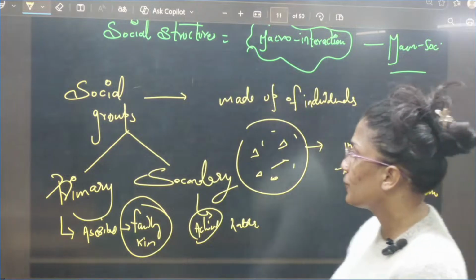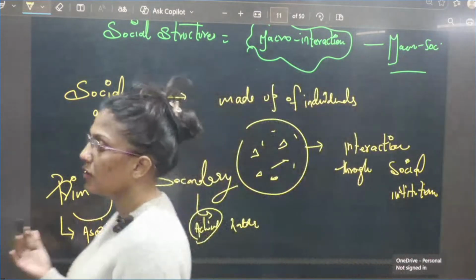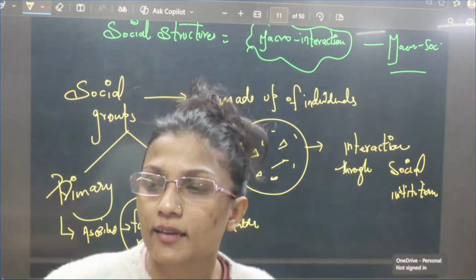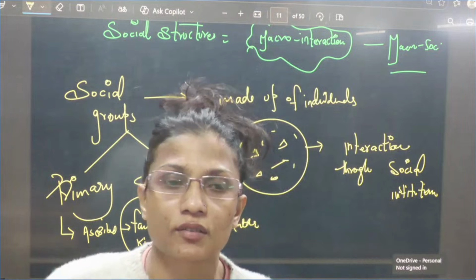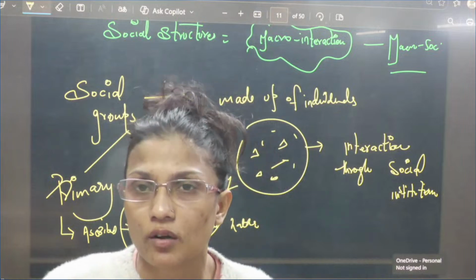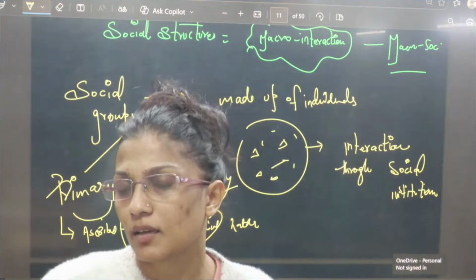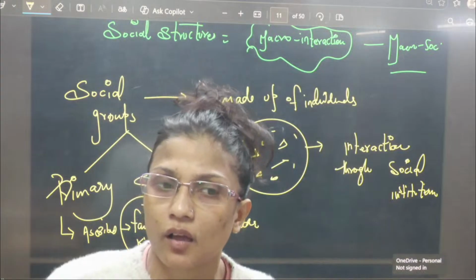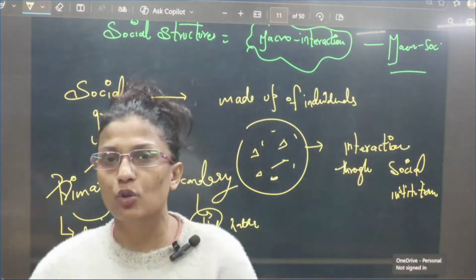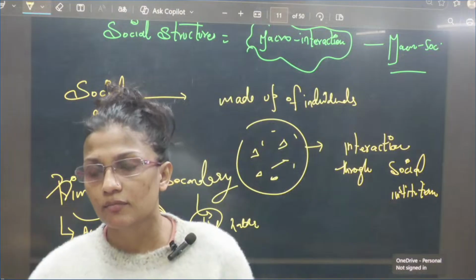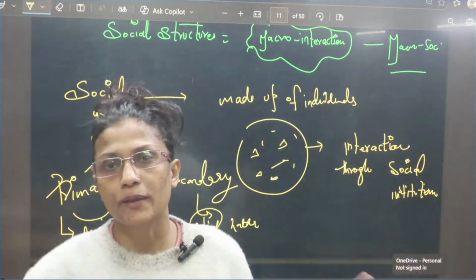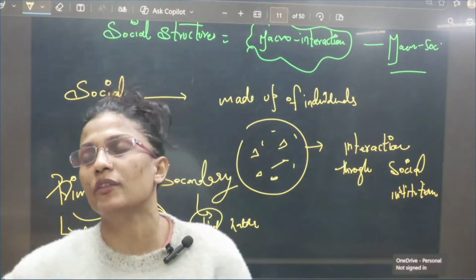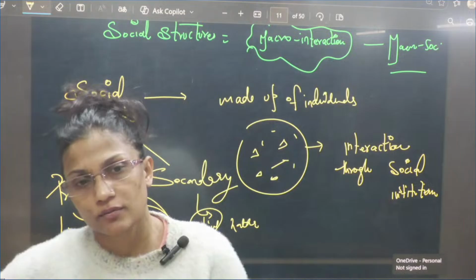In primary groups you have more intimacy, you are closer to your sisters and brothers, so you talk. Secondary groups come in later stages, like associations. Primary group can also be community and secondary group can be association. For example, you become a member of some students' association.